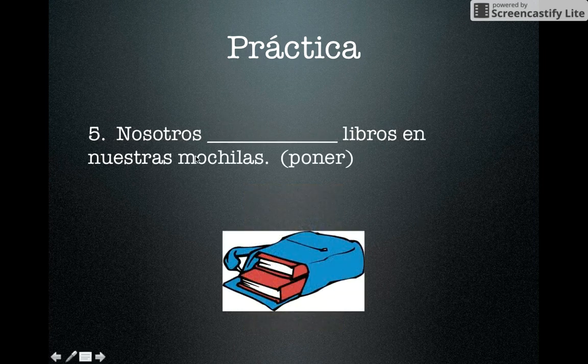Number five, nosotros blank libros en nuestras mochilas. Poner is your verb and make it match with nosotros. Okay, so pause the video and check your answer. The answer should be nosotros ponemos libros en nuestras mochilas.